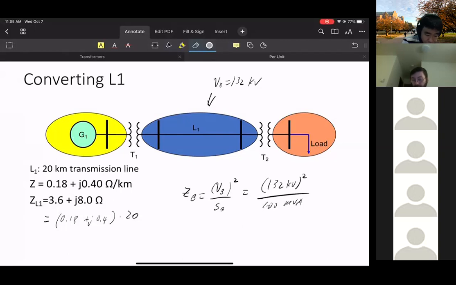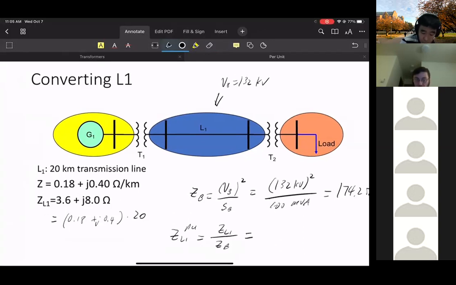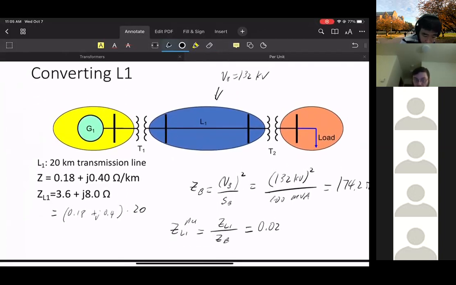So the base is 174.2 ohms. So the L1 per unit is L1 over the base, and this is 0.021 plus J0.046 per unit. Okay, all right, so this is the calculation we do for the line impedance.